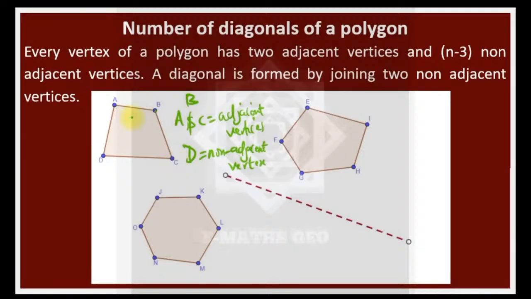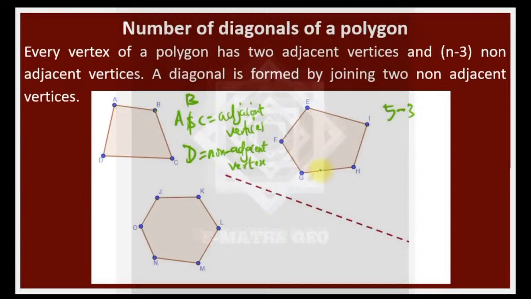And if you now do n is 4 in this case, 4 minus 3 is 1. Have you seen why we have only one, D, as the non-adjacent vertex? For 5-sided, each of them will now have 2, because we have 5 sides, so 5 minus 3. So each of them will have 2 non-adjacent vertices.